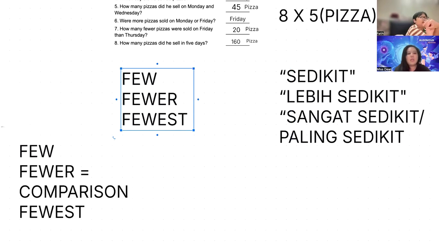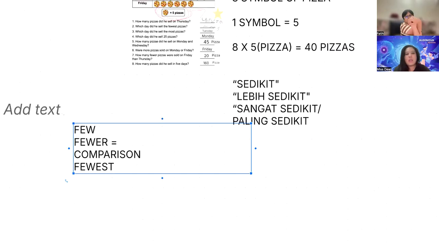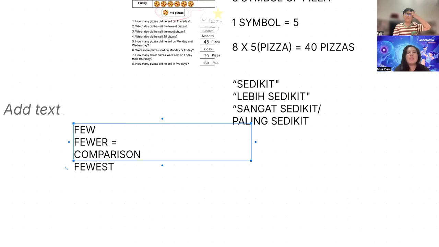Okay, so the term fewer stands for comparison. And fewest represents the way you tell people that it's a really small number. It's so few, it's the very least. Atau itu sedikit sekali.